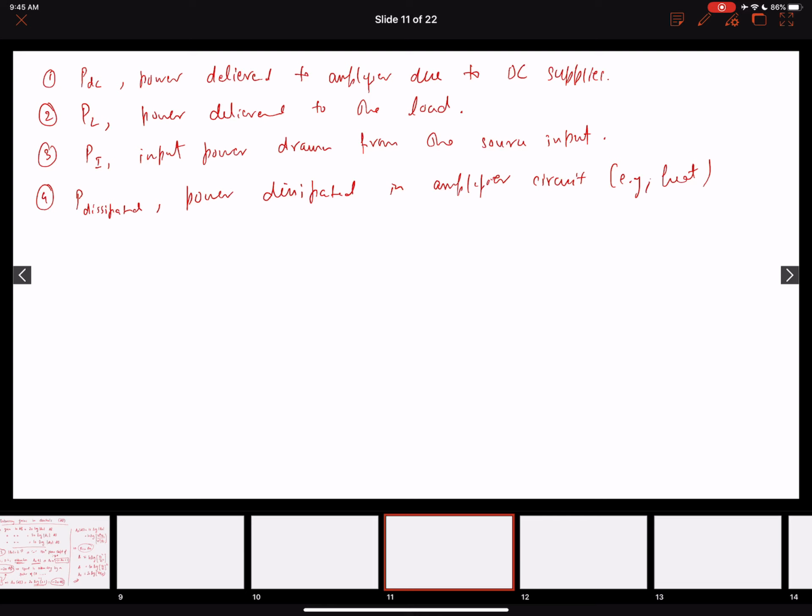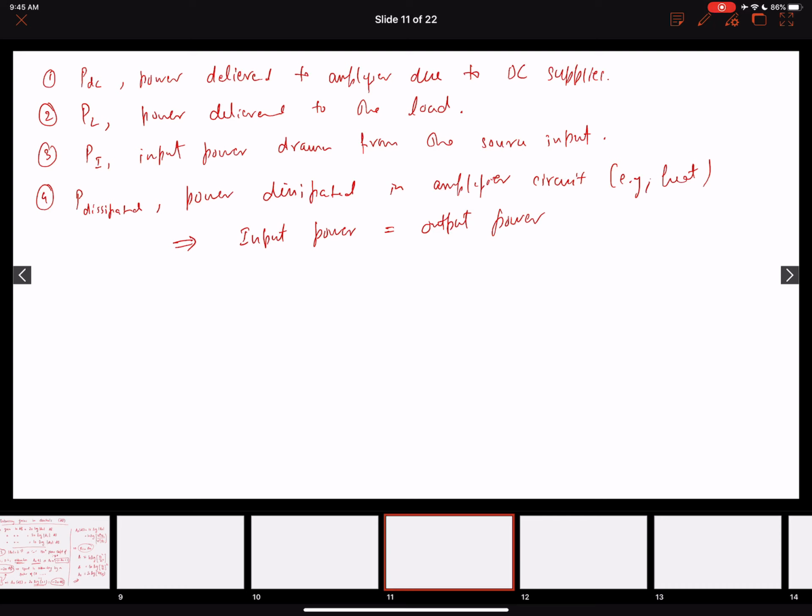So we have these four types of power that are related to this amplifier circuit. If I have to determine the efficiency of our amplifier, we can do it by first equating the input and the output power. So our total input power should be equal to the output power.